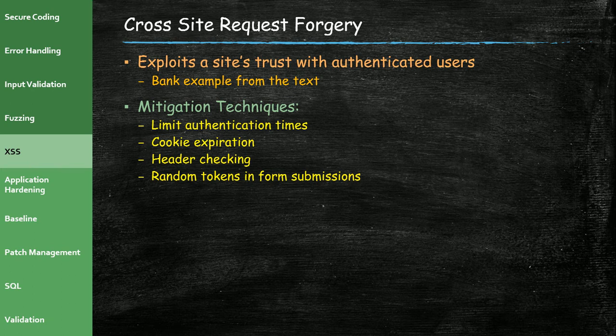In the lab you're changing the header so that the URL you linked from appears to come from a different site than it actually came from. That's a good starting point for cross-site request forgery, and I think your book talks about that in the example. Anyway, these are different techniques you can use to mitigate those attacks.